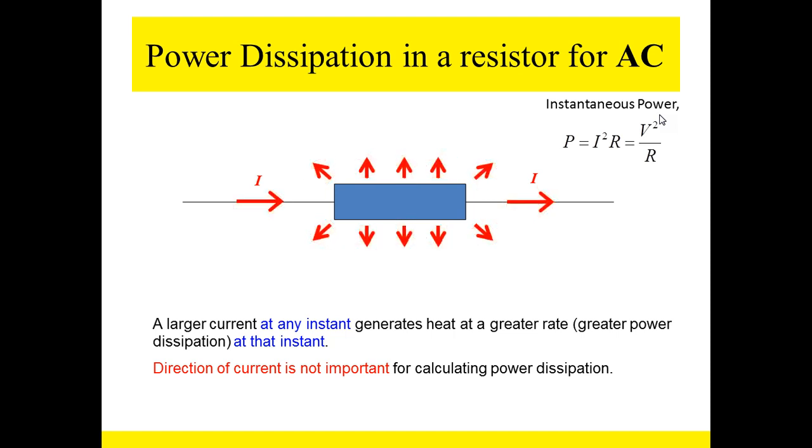Next, current magnitude is reduced, the power is reduced. Once again, reduce again. Next, there'll be a point where current is 0. At the next point in time, you notice that the current has changed direction. It now moves from right to left.